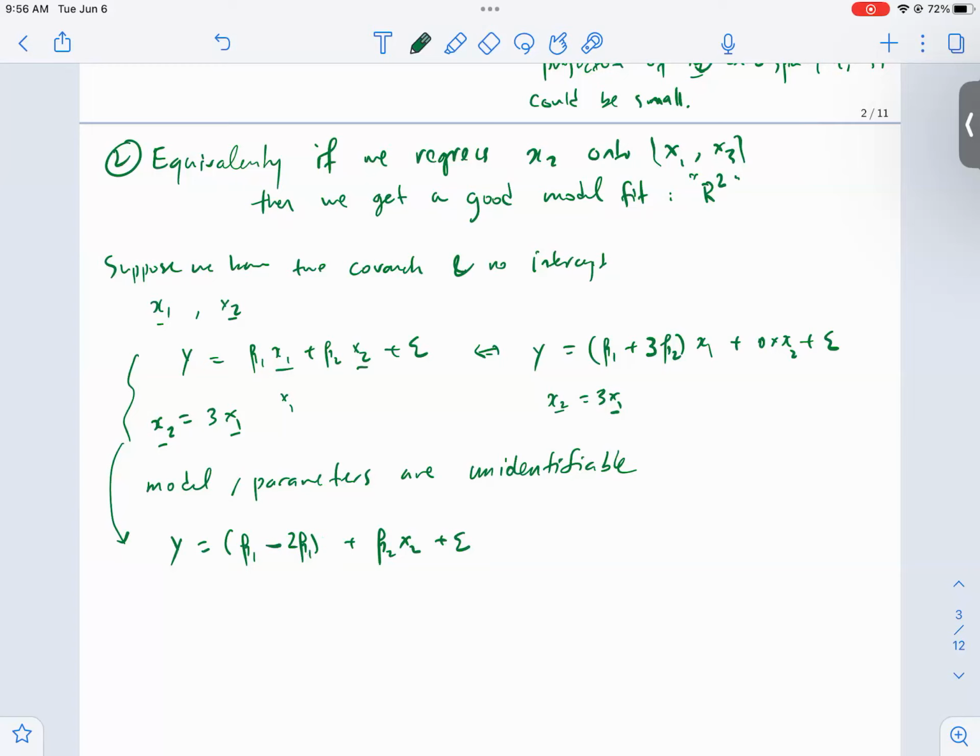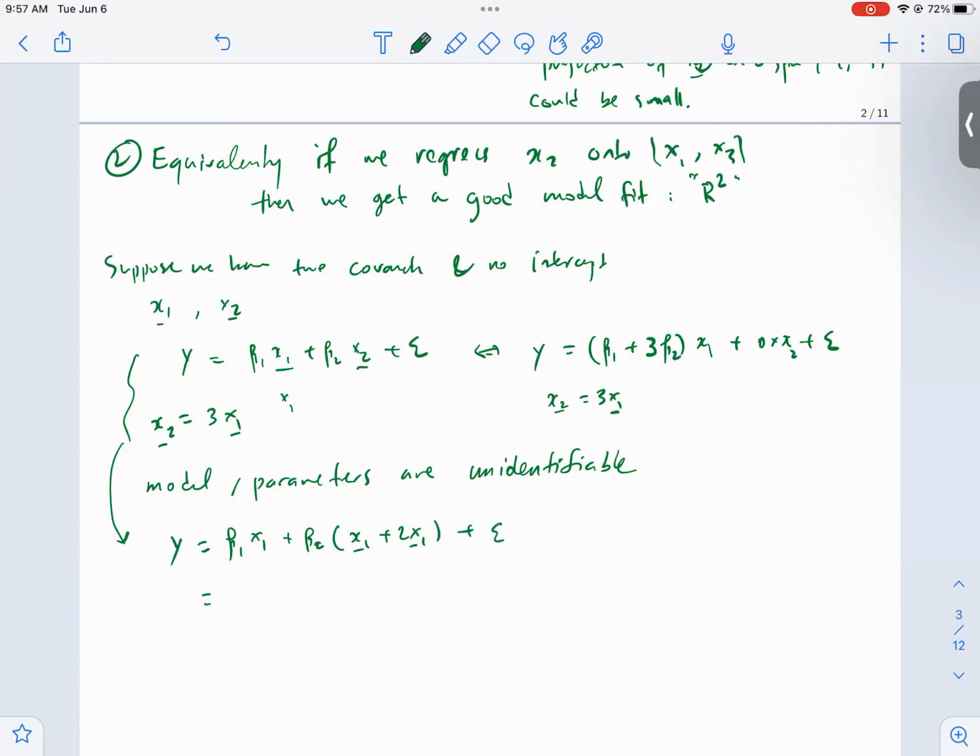No. Can you tell me how to write another one? What I want to do is beta 2 x2. Okay, so let's try to do it. Beta 1 x1 plus beta 2 x1 plus 2 x1, let's say, plus epsilon.